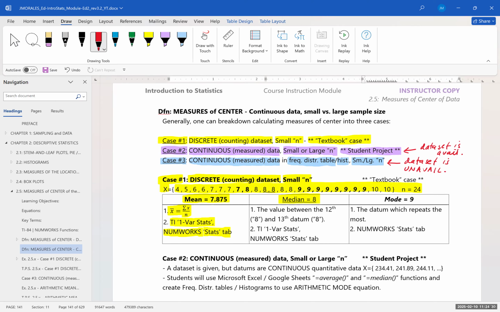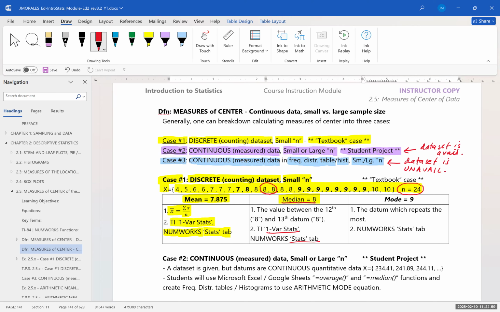And I labeled it here, so the median is underlined. So the median is 8. This is the value between the 12th and the 13th datum because our sample size is even. And there's also a calculator function, the same one variable stats, and the stats tab on the NumWorks calculator, which will also give you the median.